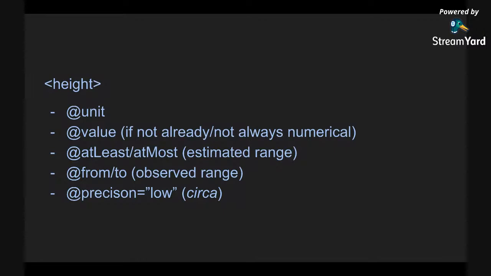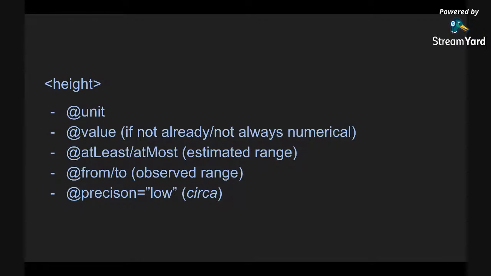So the smallest letter we find in this corpus, in this text, is 6 millimeters, and the largest letter we find in this is 17 millimeters. That's maybe a tiny omicron and a very long phi. We can use from and to record those if we want to. And if we want to say circa, if we want to say this is approximate, we can use precision equals low.